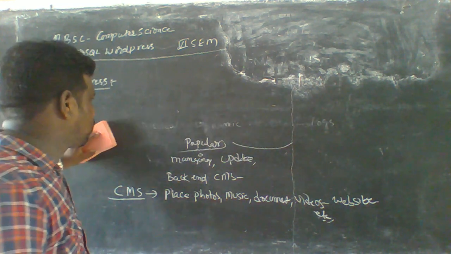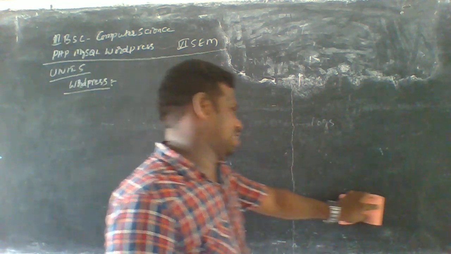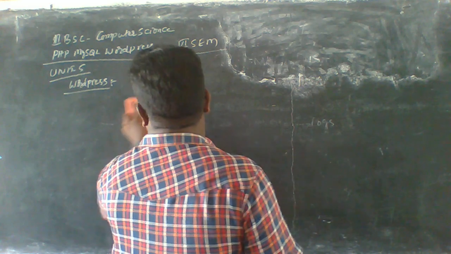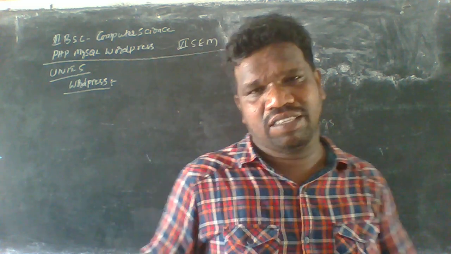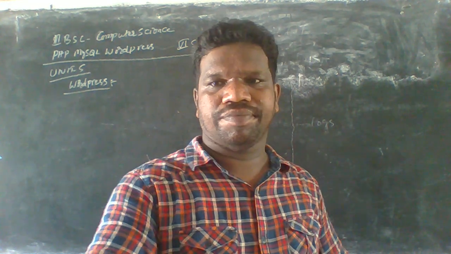Okay, now I am going to talk about the history of the WordPress. What is the history of the WordPress here? We have to see this scenario, and what is the use of this WordPress here.